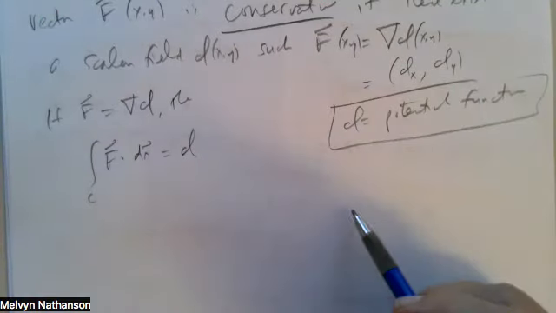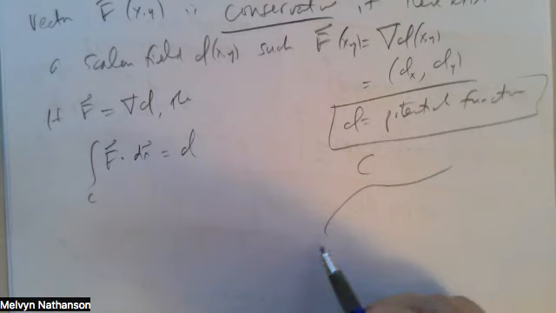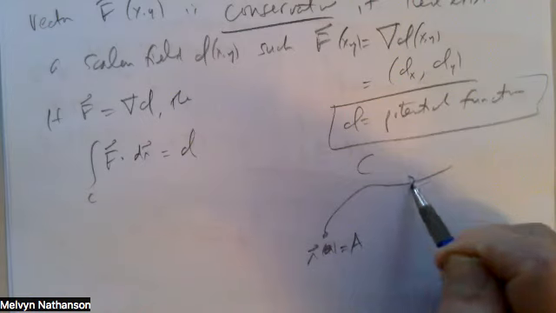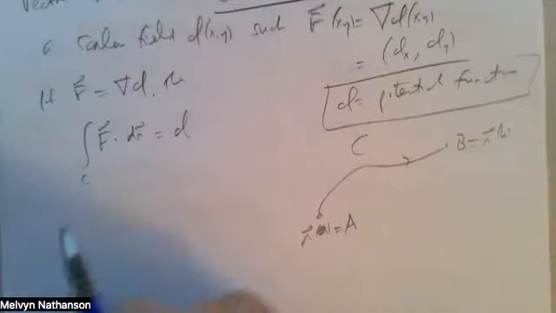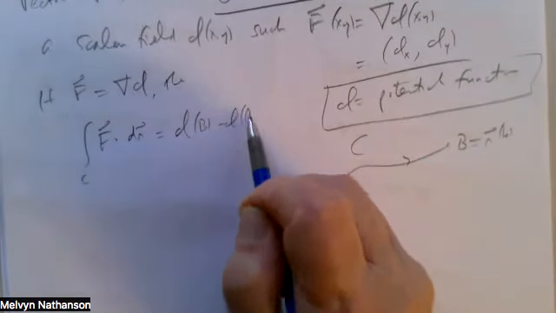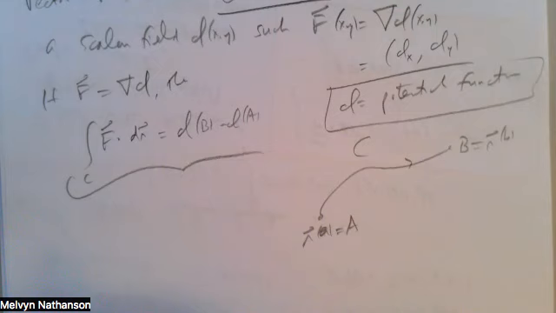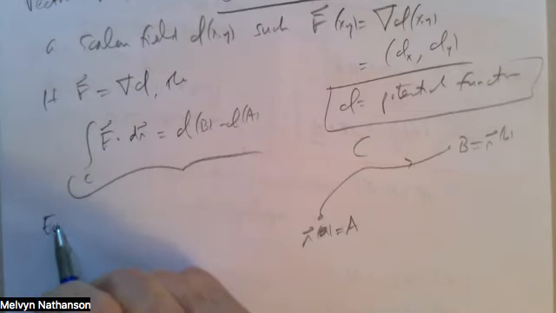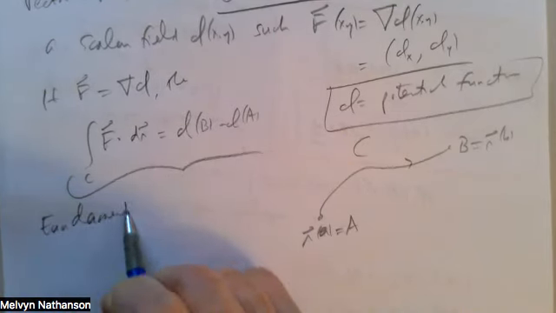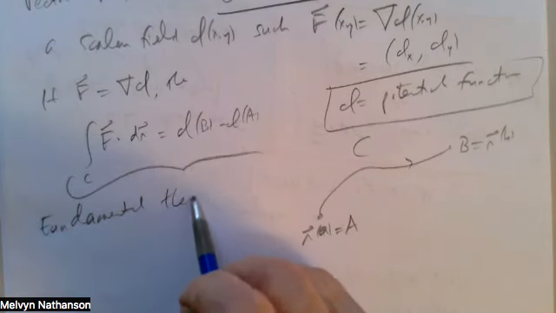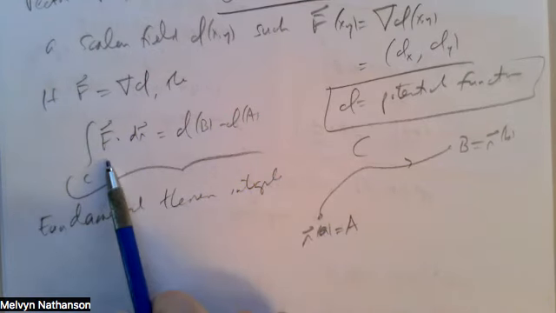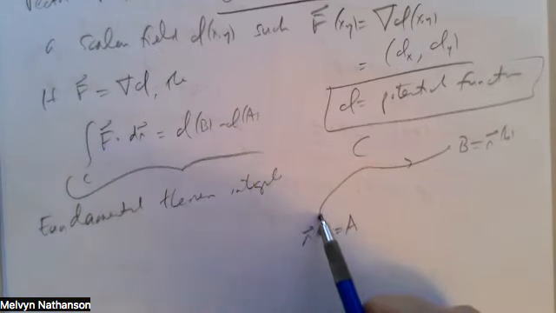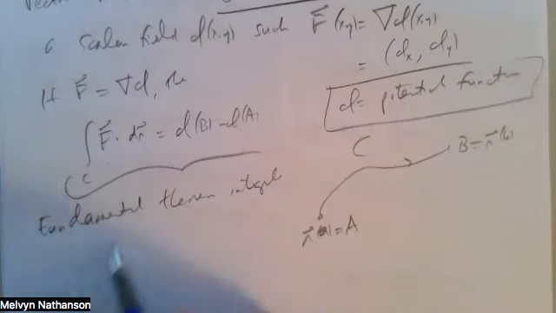So you think of your curve C goes from a point r of A, call that capital A. The endpoint is capital B, which is r at time B. This is phi of B minus phi of A. So this is the fundamental theorem for line integrals. And you observe the value of the line integral only depends on the starting point and the end point of the curve.